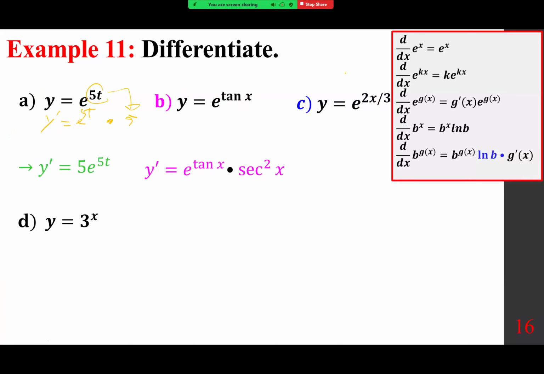So I'm going to rewrite this as e to the power of 2/3 x. So the answer is itself times the derivative of the exponent, which is 2/3. And now we're done.